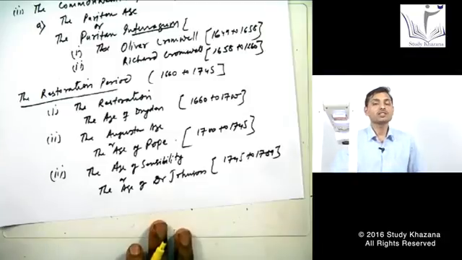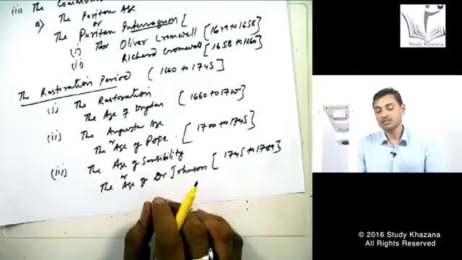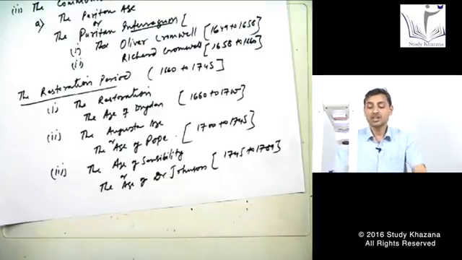Here, I would like to discuss a few important facts. What is the meaning of restoration? Why is this period called the Restoration age? In fact, it's because of various reasons, but two important reasons are there. The first thing is that it was the period of restoration of Charles II.